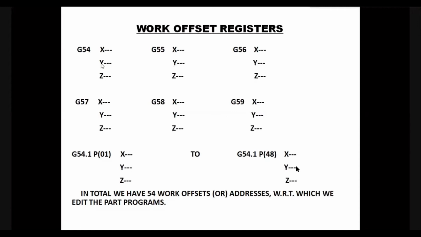Rapid movements and cutting actions will use G54 only, because G54 is taken as the reference point in the part program if you go for G54. So the distances in the x-axis, y-axis, and z-axis are recorded or entered into the work offset register provided in the machine.